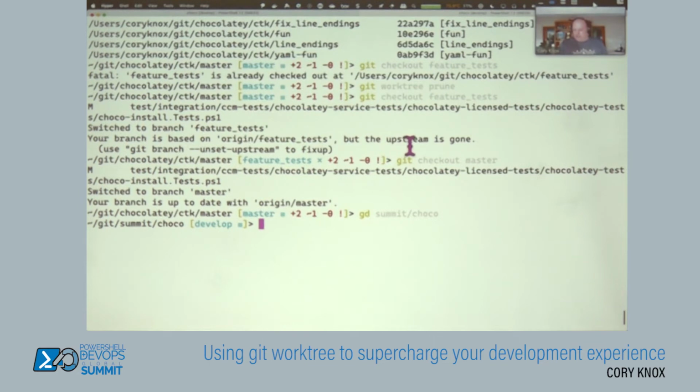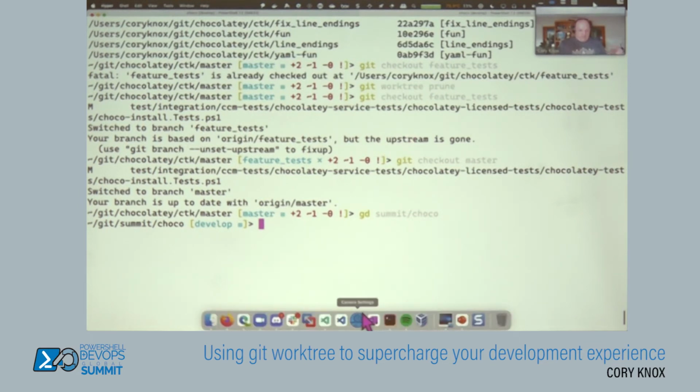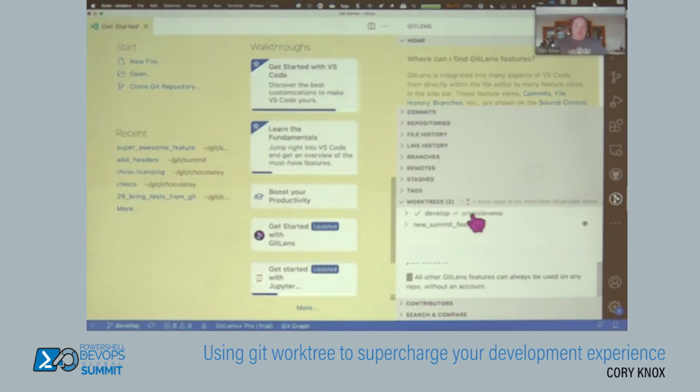One thing I've recently discovered is GitLens, which is an extension for Visual Studio Code. They introduced this feature called GitLens Plus, and it allows you to work with work trees. The GitLens Plus Professional, I think, is the tier you require. But if you have public repositories, it's free.